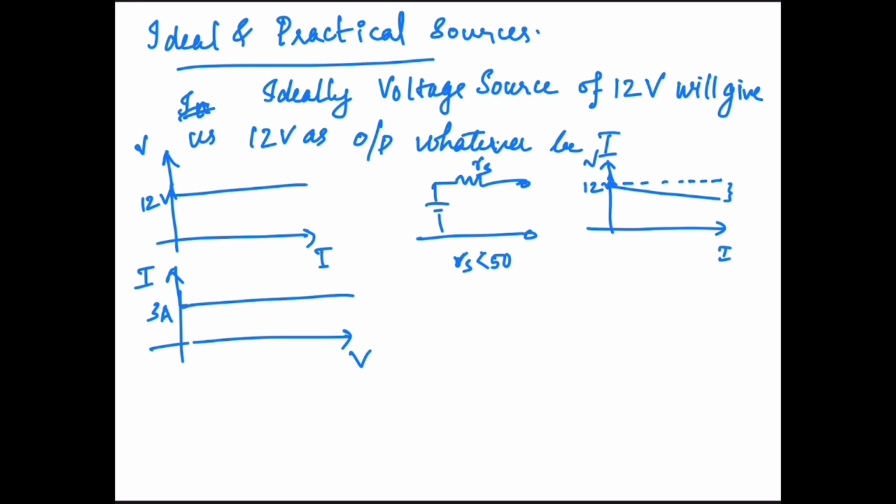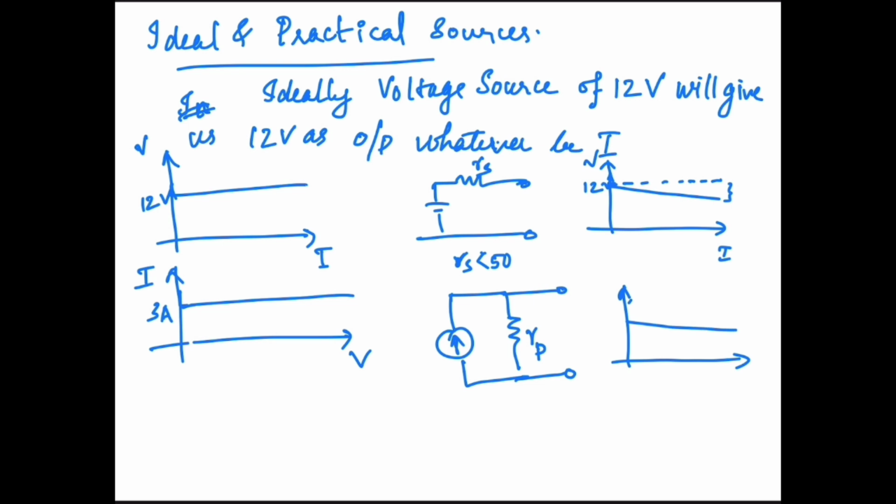Similarly, a current source will practically have a parallel resistance RP added. Hence we don't get a constant 3 ampere, but a decreased value. As voltage increases, the current will not be constant, because of the parallel resistance added to the current source.